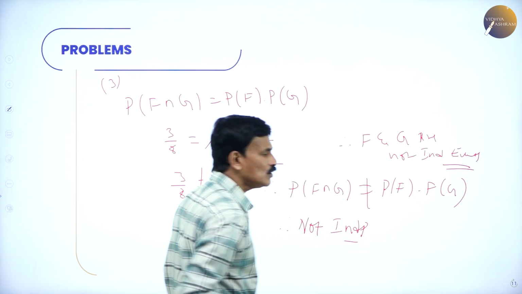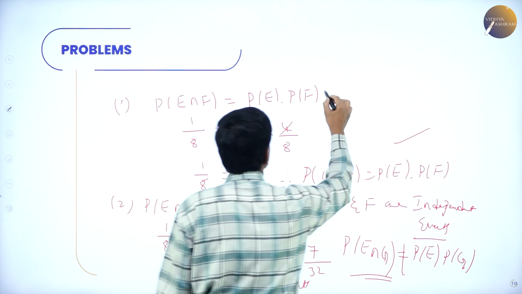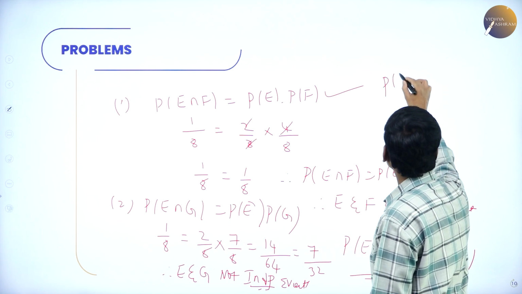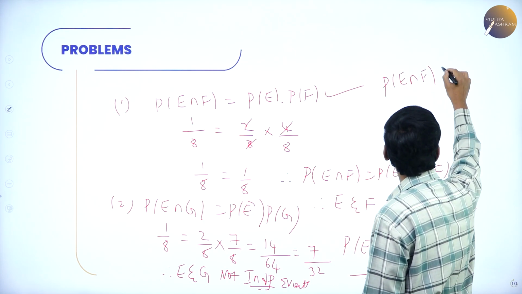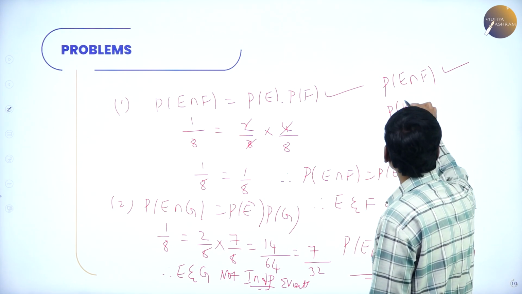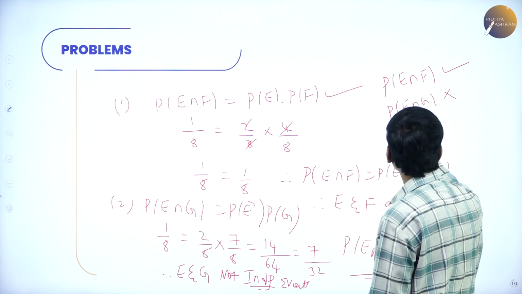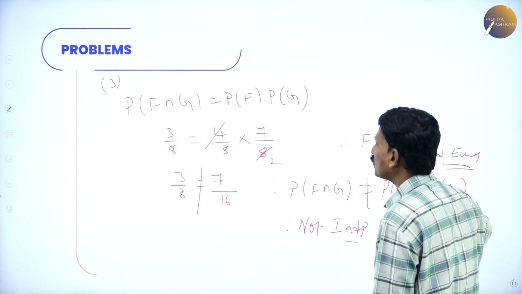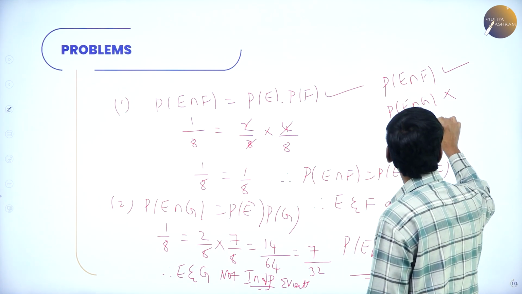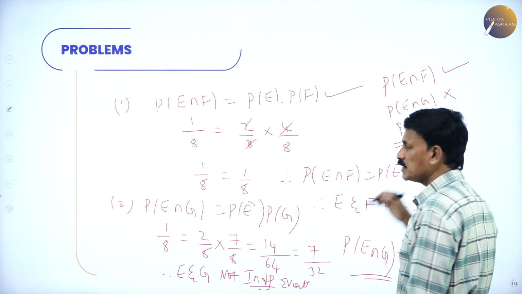So only the first one, E intersection F, is an independent event, whereas E intersection G is not independent, and F intersection G is also not an independent event.